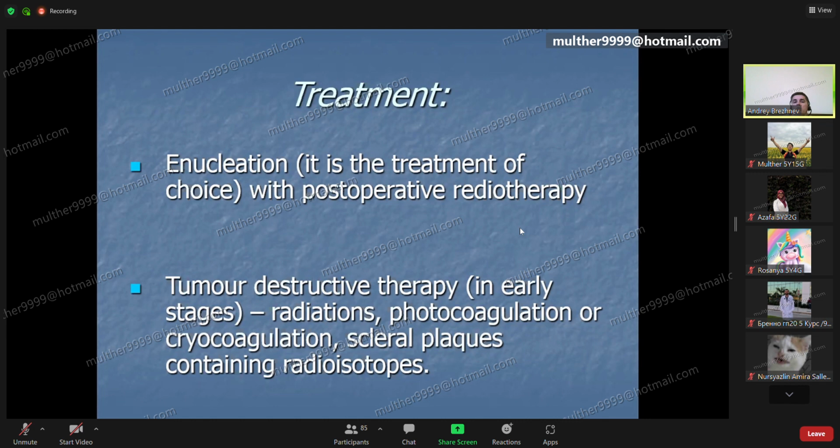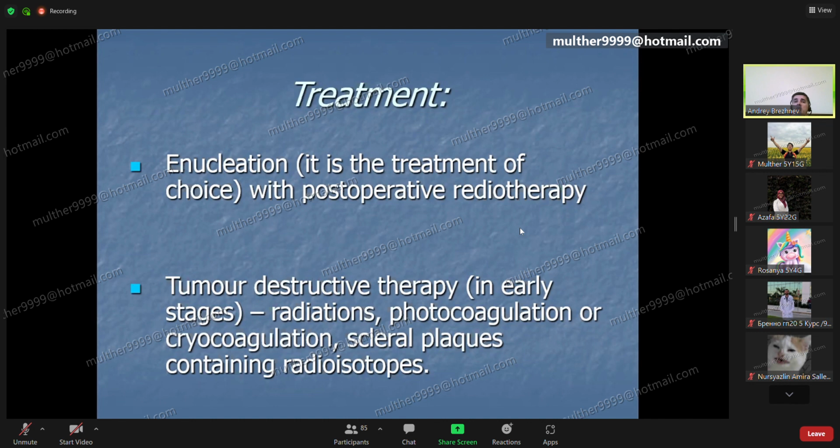So in most patients with advanced stage, we use enucleation. It is the treatment of choice with post-operative radiotherapy because it's a rather aggressive tumor. Enucleation means removing of the eyeball from its normal place, so we just remove it.